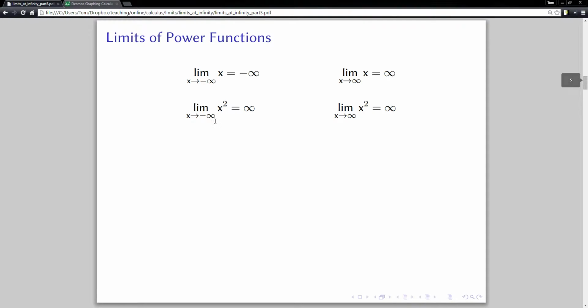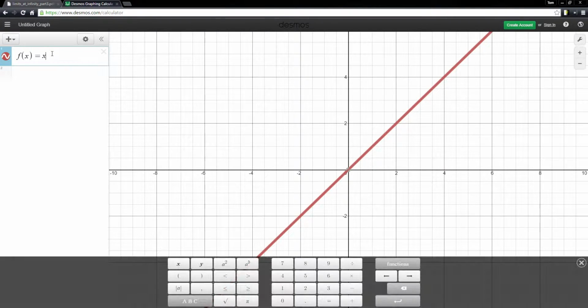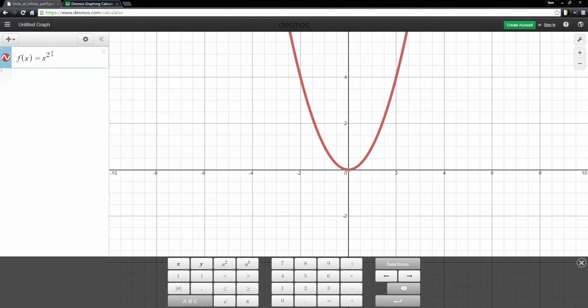All right. The next power function that we'll look at is x squared, right? And so as x goes to infinity, remember the limit laws are valid here, right? And in this case, if we look at x squared, let's just take a look at the graph of it really quickly. The graph of f of x equals x squared looks like that.